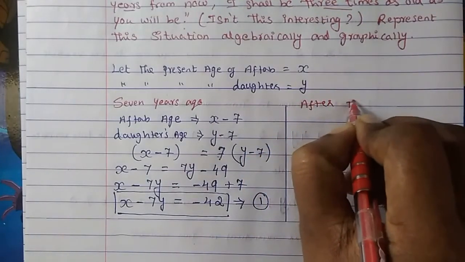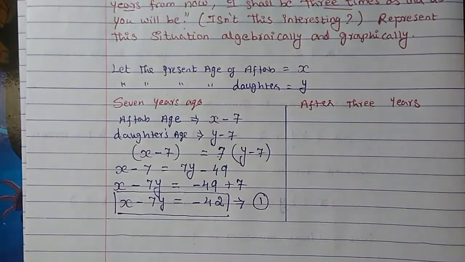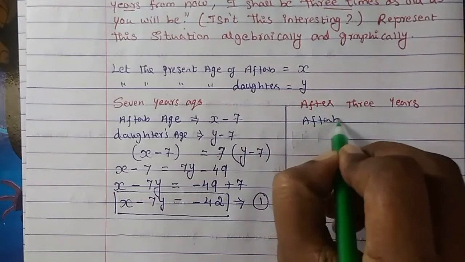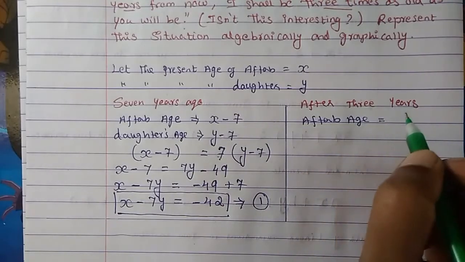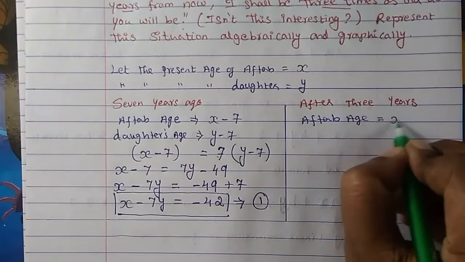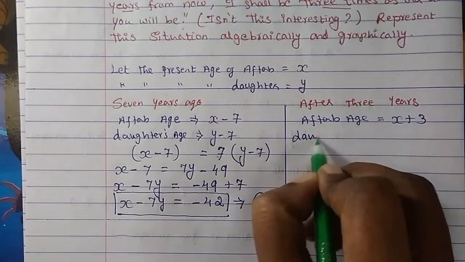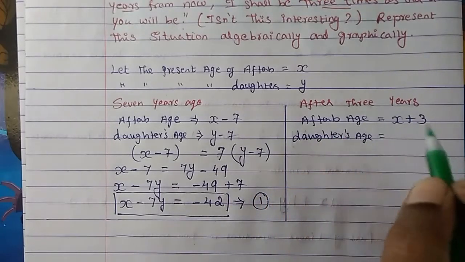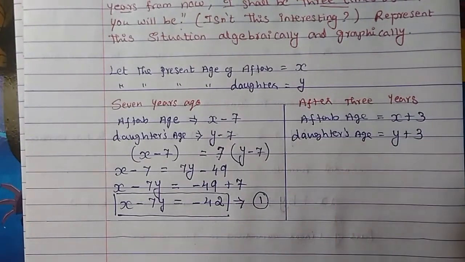So after 3 years, Aftab's age will be how much? So present age is X. So after 3 means we have to plus. So same way daughter's age. Present age is Y. So after 3 years will be Y plus 3.